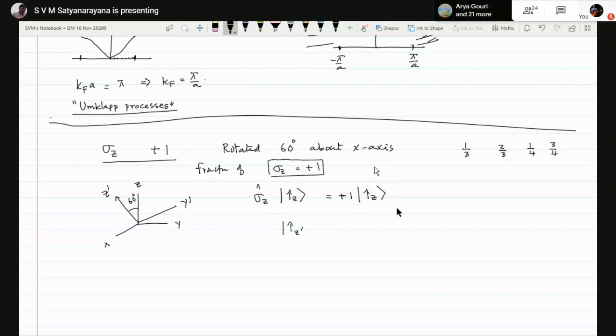You can write this state in terms of both this z and y prime.